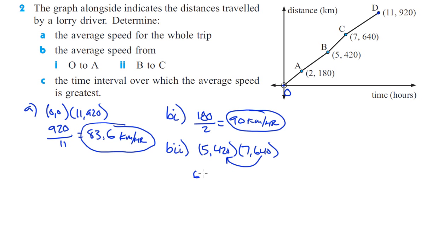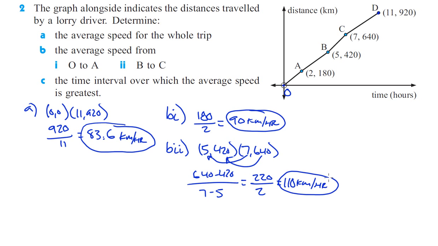So 640 minus 420 all over 7 minus 5. So let's see, that's going to give us 220, right? So just double checking. Yep, over 2. So you divide that out, and that's 110 kilometers per hour.